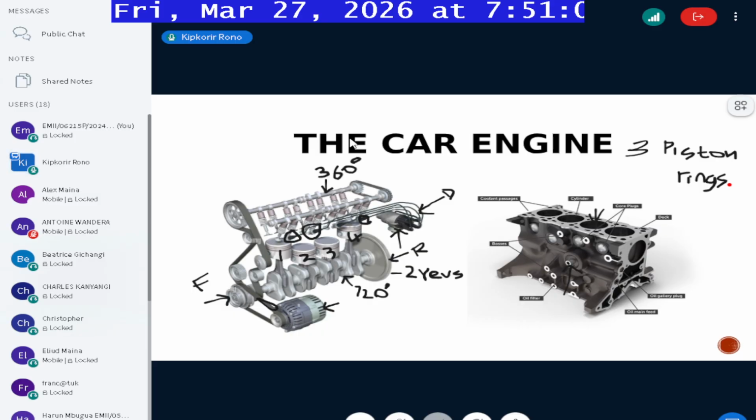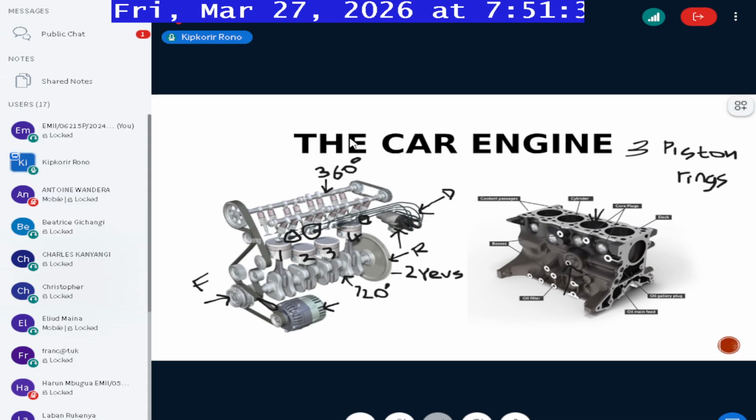I hope that you've noted it somewhere. I can just write it in the public chat: function of the piston rings. You should be able to name them and also be able to say what the function is.